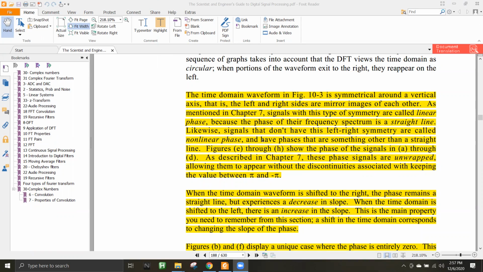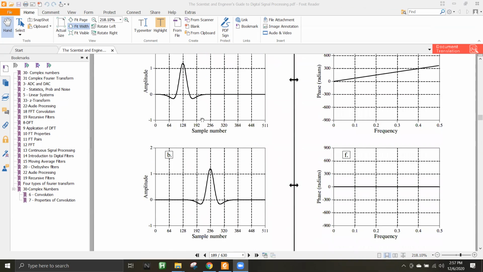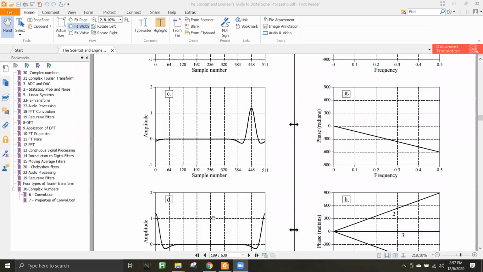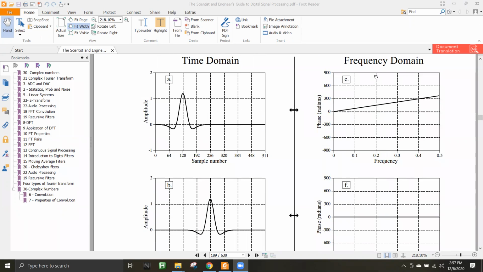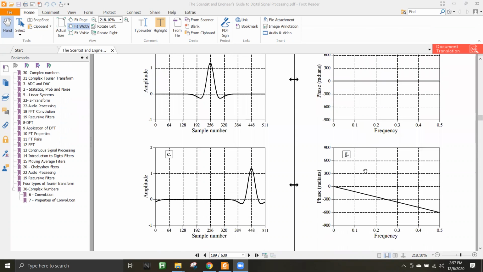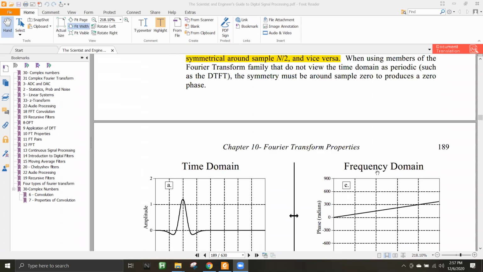If the signals do not have left and right symmetry, they would have non-linear phase. We'll be coming to that later on. Now figures E through H show the phase of the signals in A through D. So signals A, B, C, D have their corresponding phases shown in E, F, G, and H respectively.